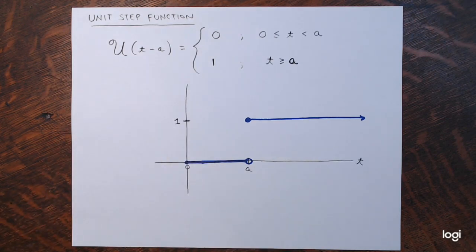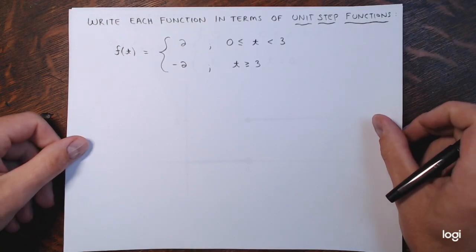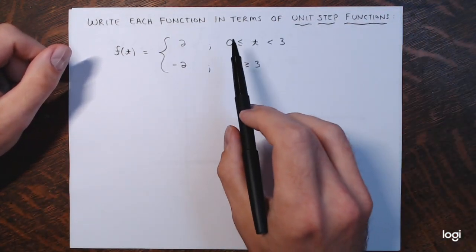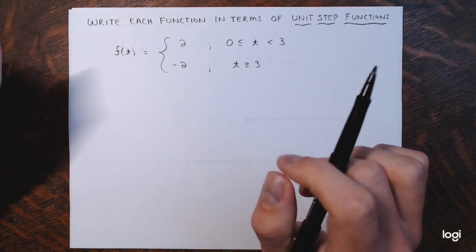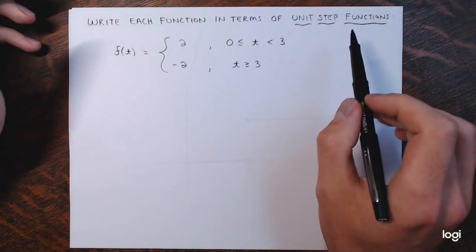Let me show you what I mean. I've got a few examples where we're asked to write the piecewise defined function I'm given, defined for t 0 or greater, in terms of unit step functions.